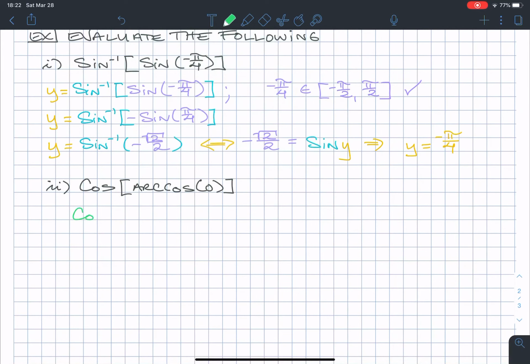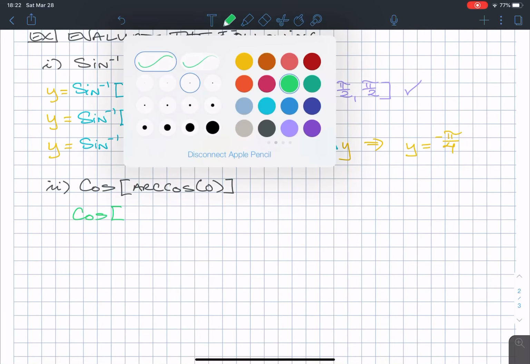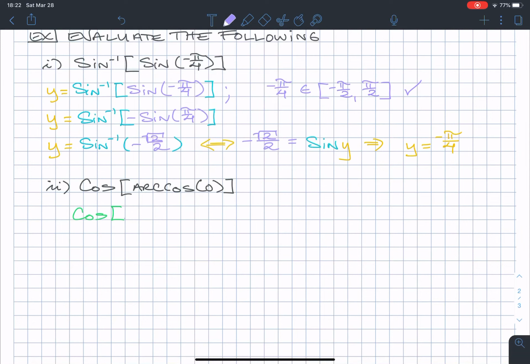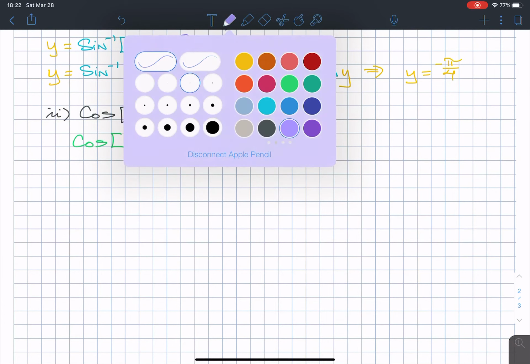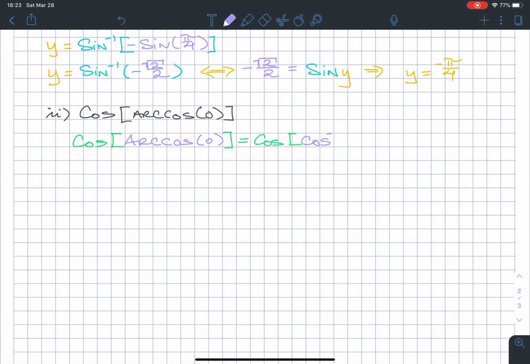So I have cosine of arc cosine of 0. What I'd like to do first is rewrite this as cosine of cosine inverse, because I prefer the notation. Cosine inverse of 0.